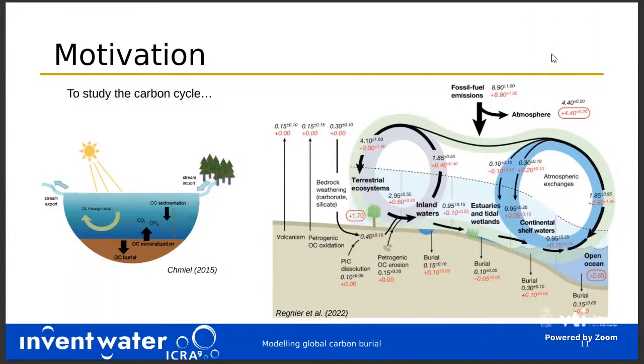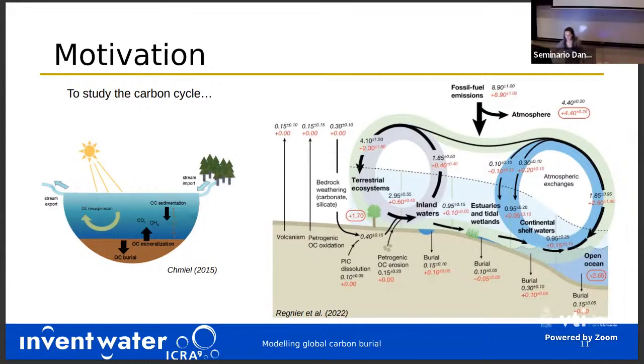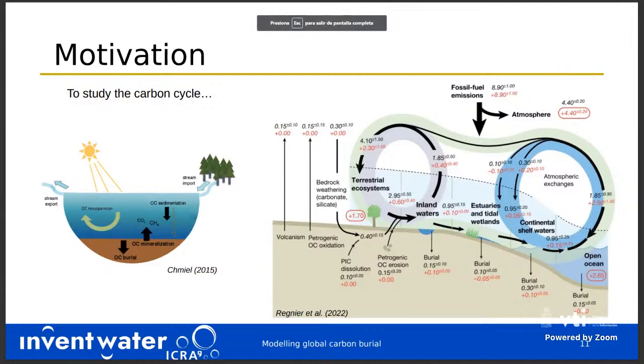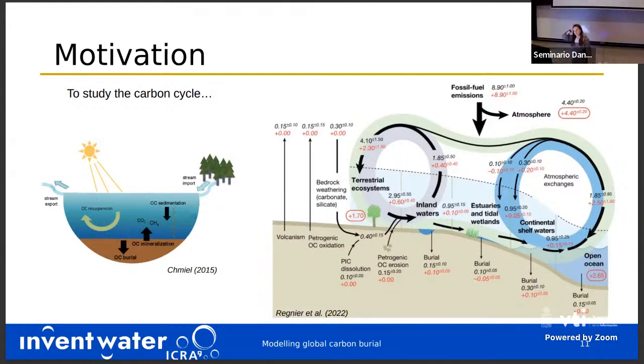There is a question in the chat. Yes. Dani Sebastián Echeverría says hi. And the question is, how are you considering the effect of reservoirs in the carbon burial rate across ecosystems?